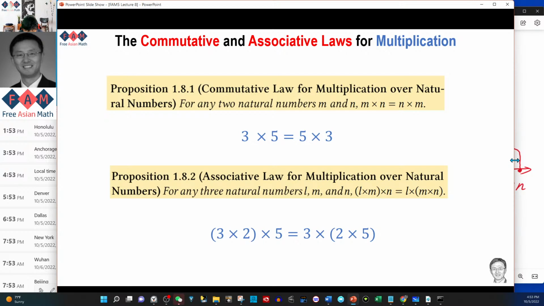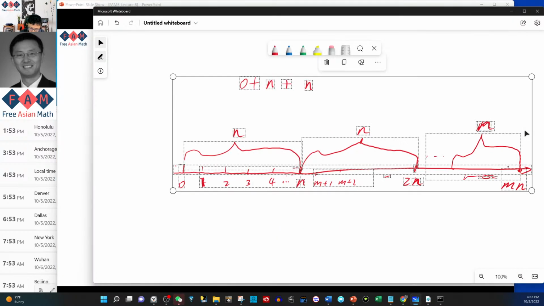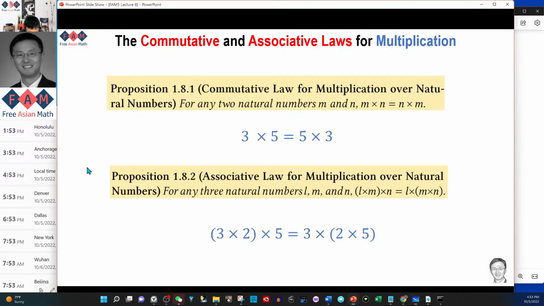So for any two natural numbers m and n, m times n equals n times m. In the less abstract form, say essentially 3 times 5 equals 5 times 3. Okay? How do we understand this?